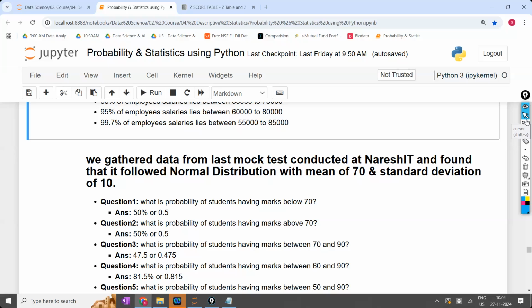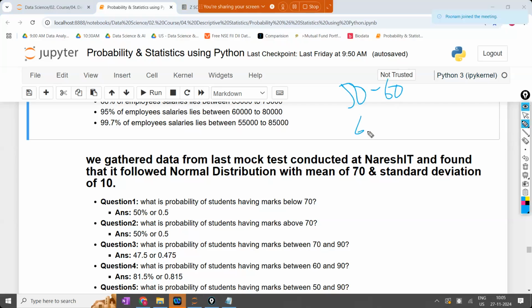That is minus 2 sigma to plus 2 sigma, 95%, right? 50 to 90 means 50 to 60, 60 to 70, 70 to 80, 80 to 90. Four of them you have to add: 0.135, 0.34, 0.34, 0.135.